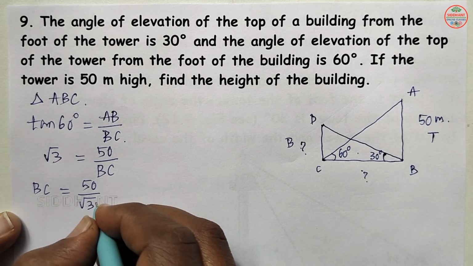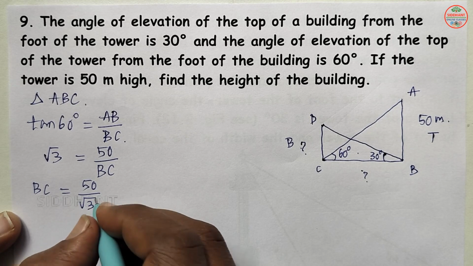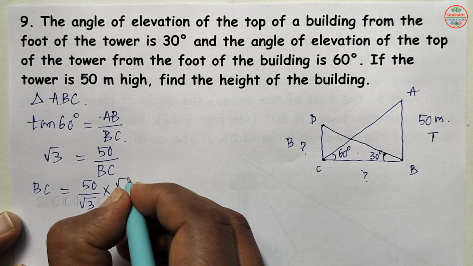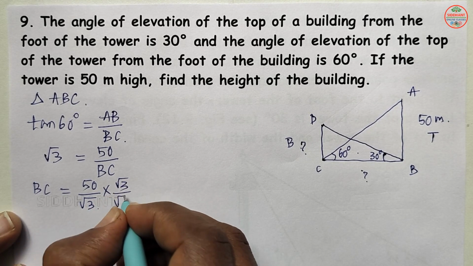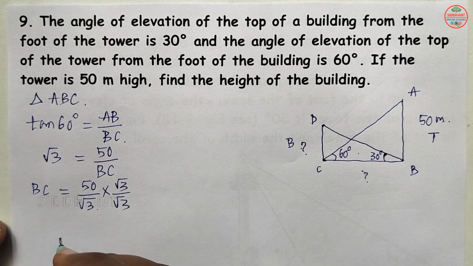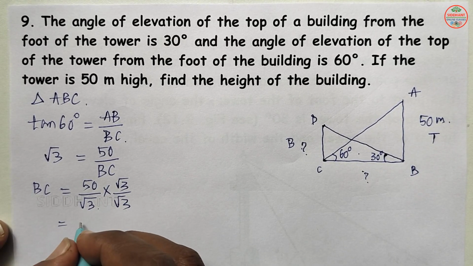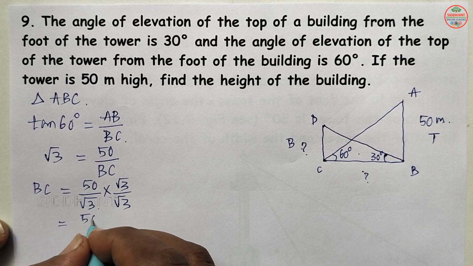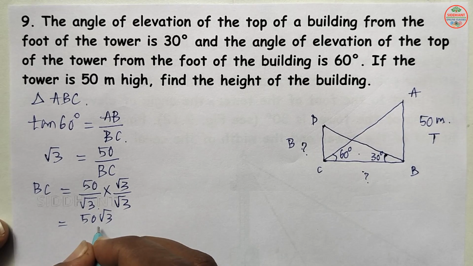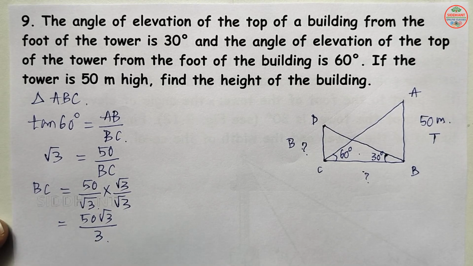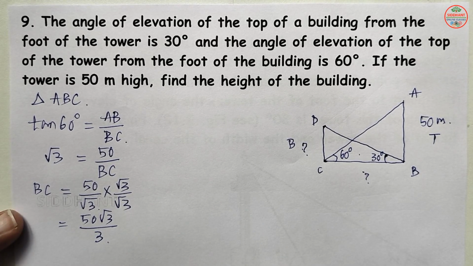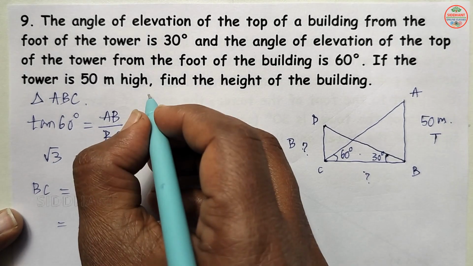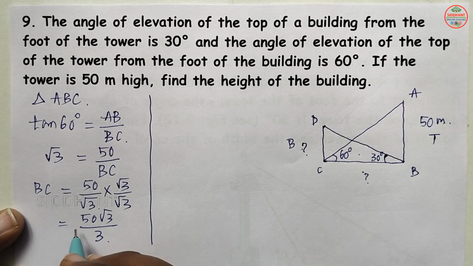To rationalize, we multiply and divide by root 3. That gives 50 root 3 by 3. So now we got BC.